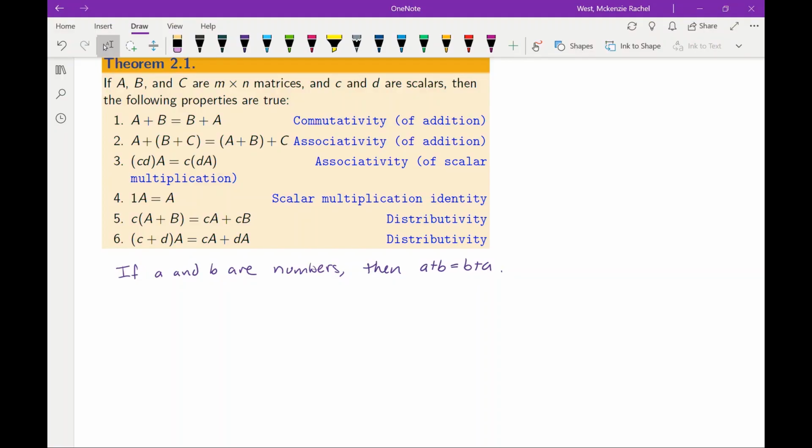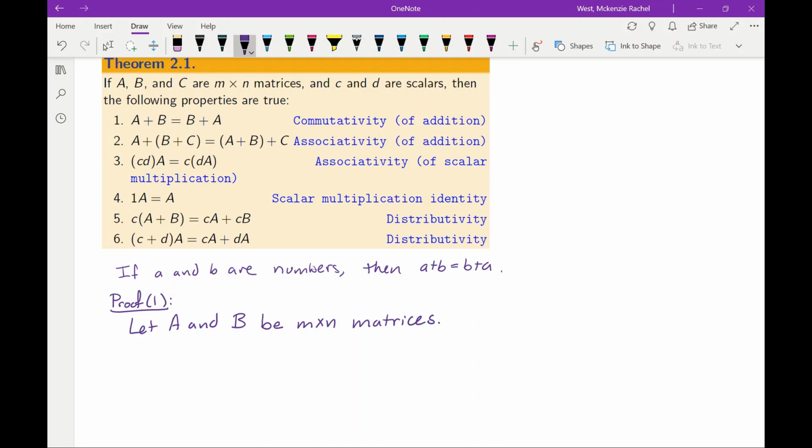So let's go ahead and prove property 1, which is similar to the statement above, but about matrices. So let's let A and B be matrices, and let's have them be the same size, so m by n matrices. Right?